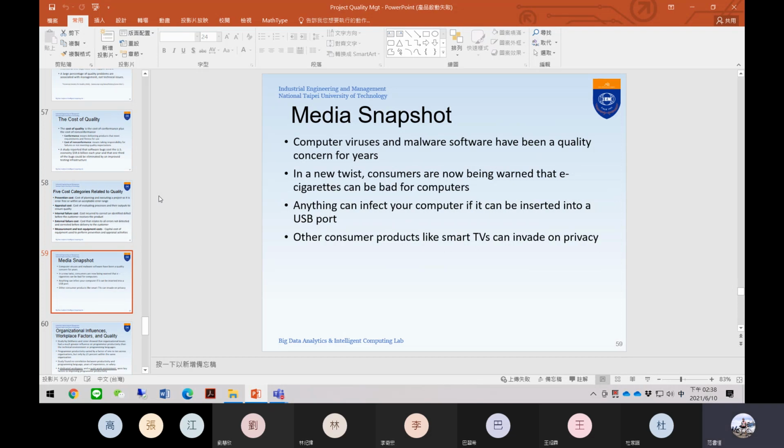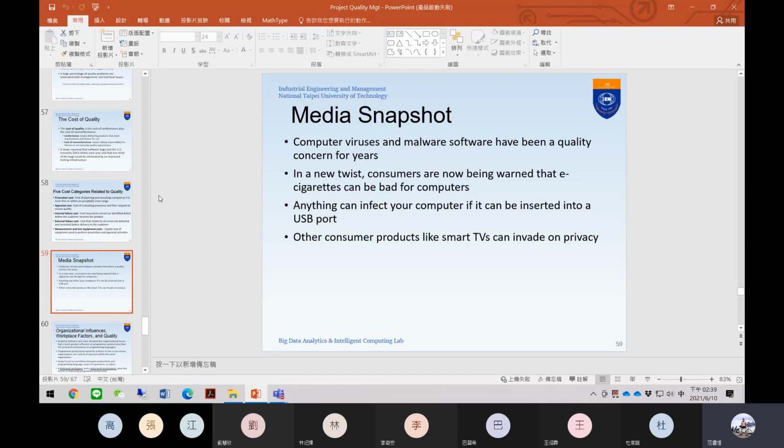So computer viruses and malware have been a quality concern over the years, especially in social media. In today's Internet of Things, the artificial intelligence of things, there is a new twist: consumers are now being warned that e-cigarettes can be bad for computers as well.